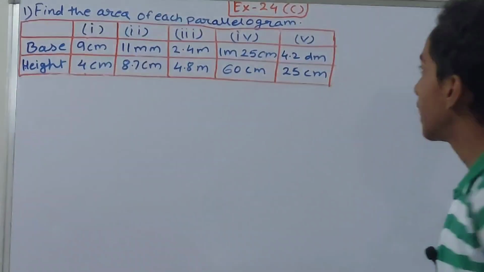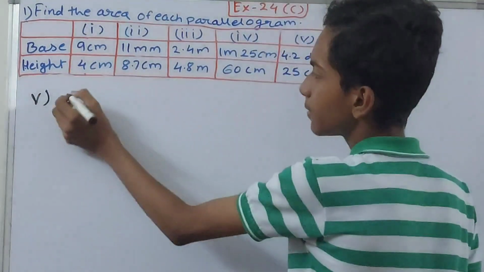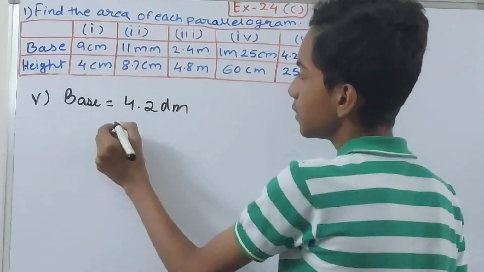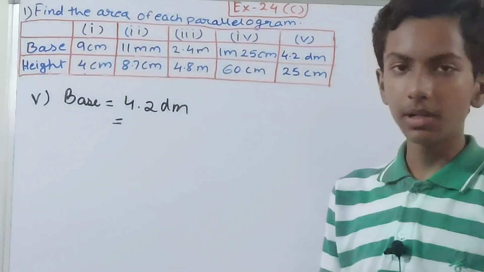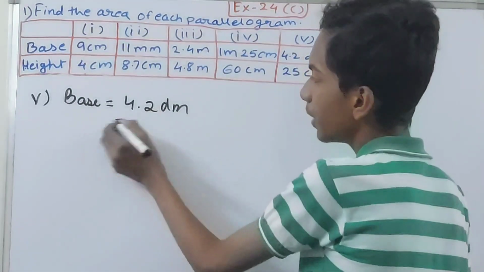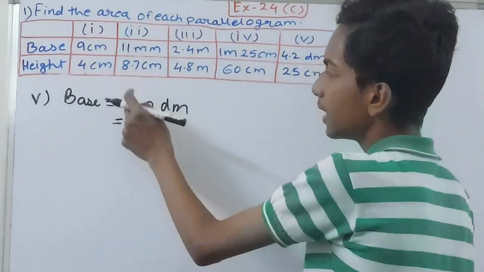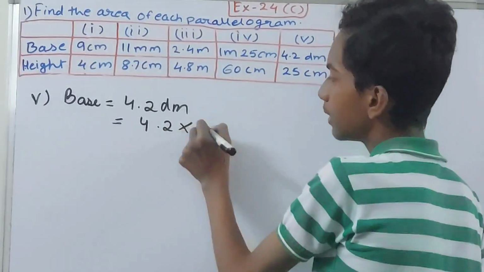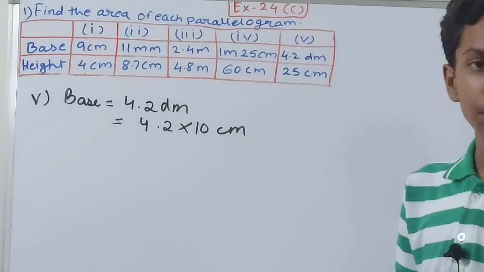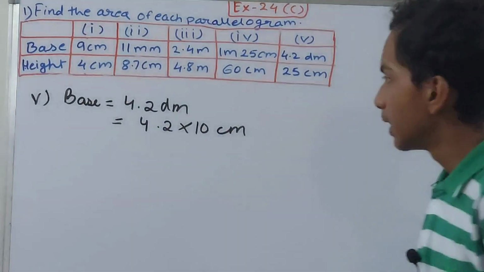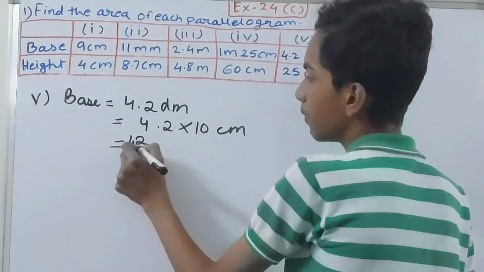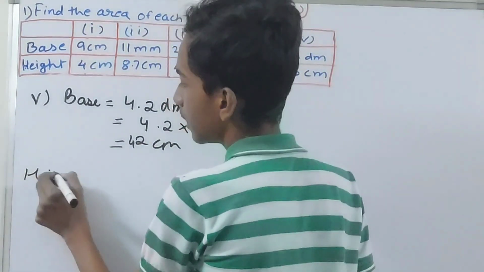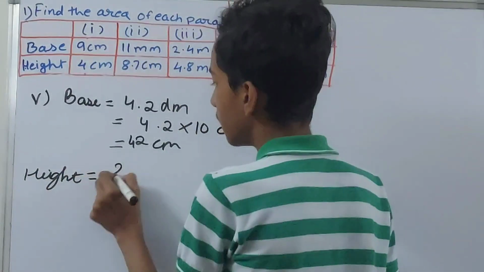The next part has the base as 4.2 decimeters. In 1 decimeter there are 10 centimeters, so 4.2 into 10 centimeters. Why are we changing to centimeters? Because the height is also in centimeters. So this becomes 42 centimeters, so there are 42 centimeters in the base, and in the height we've got 25 centimeters.